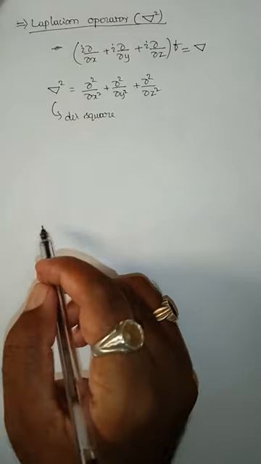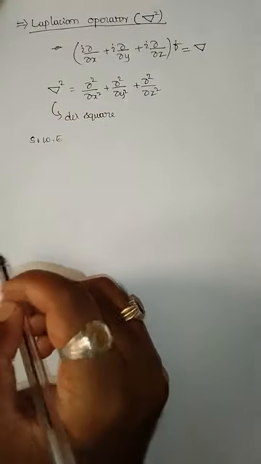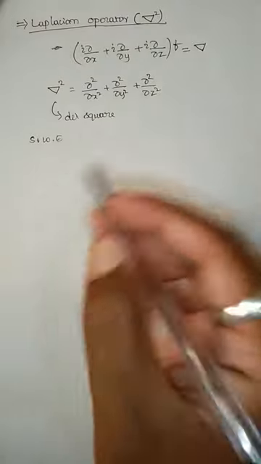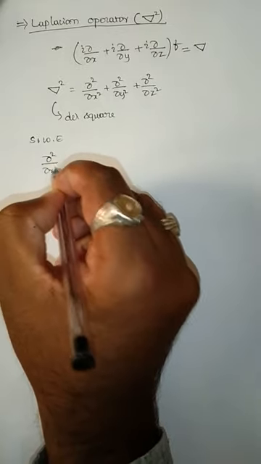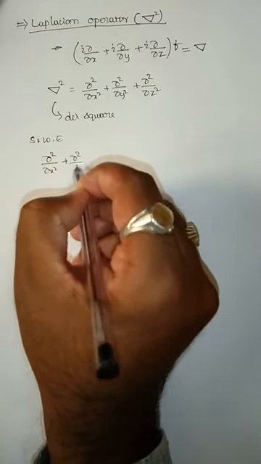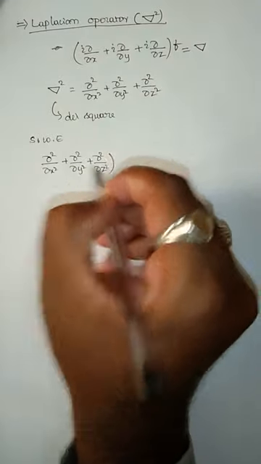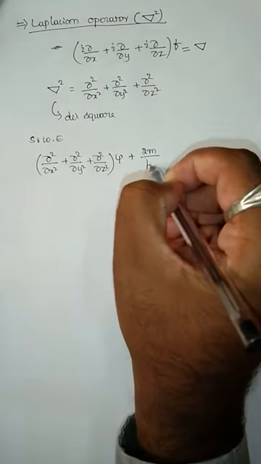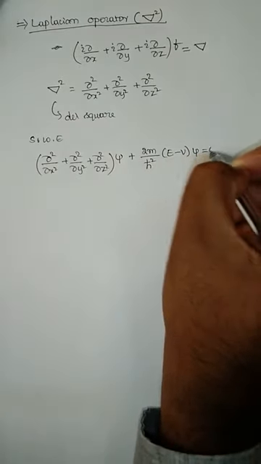And where can we get this Laplacian operator? We shall observe it in the Schrödinger wave equation that we wrote for 3 dimensions in our last video, according to which dou square by dou x square plus dou square by dou y square plus dou square by dou z square of psi plus 2m by h cross square into E minus V of psi is equal to 0.